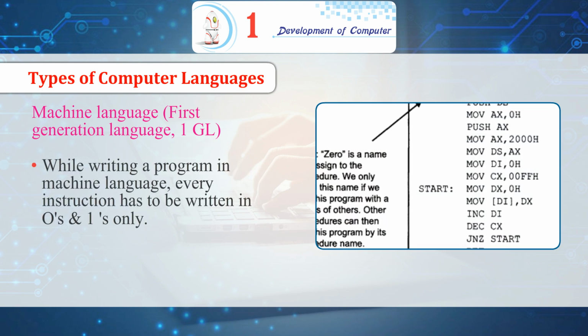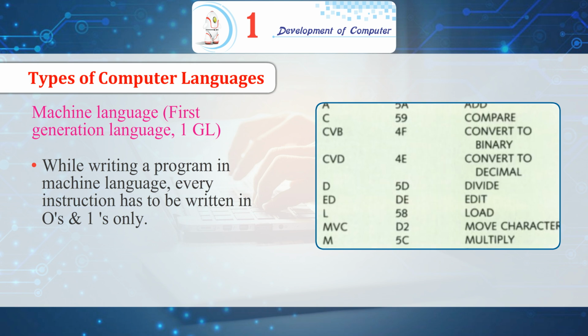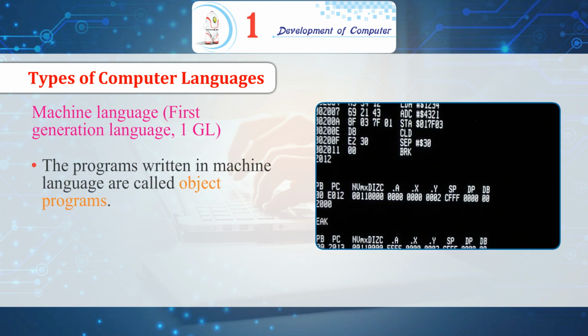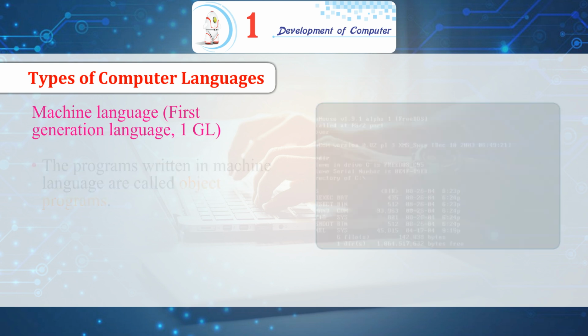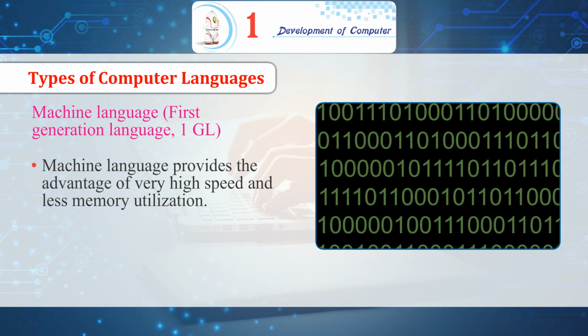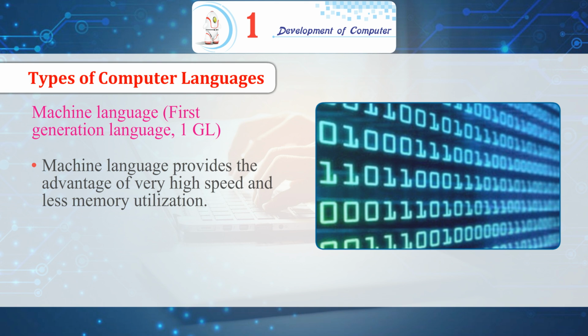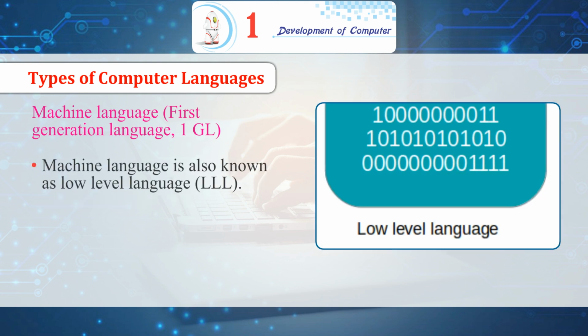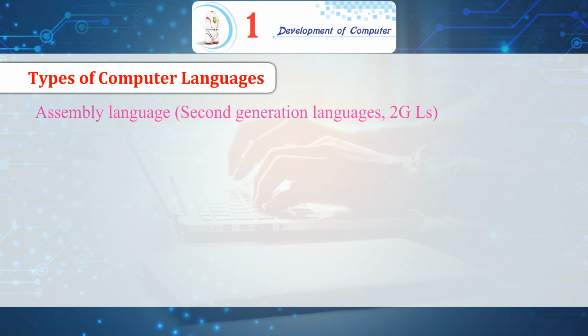While writing a program in machine language, every instruction has to be written in zeros and ones only. The programs written in machine language are called object programs. Machine language provides the advantage of very high speed and less memory utilization. Machine language is also known as low-level language, LLL.